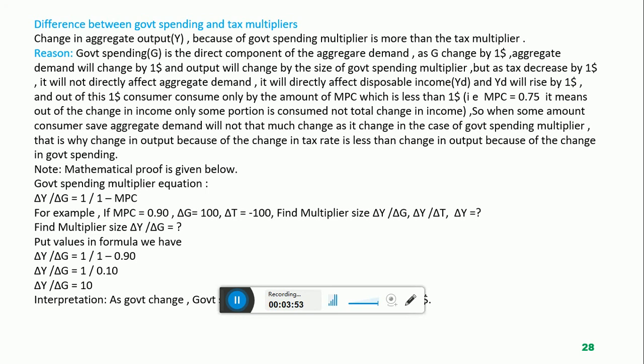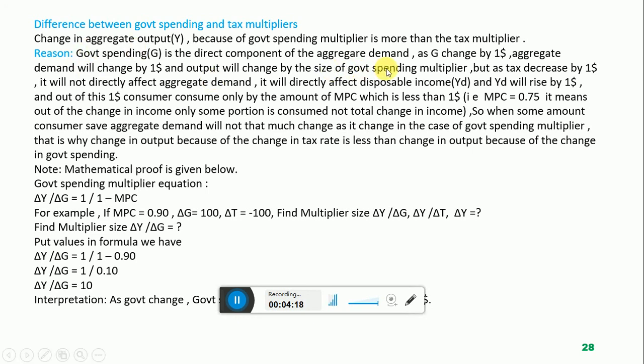So tax directly affects disposable income. And when income increases by $1, out of this $1, some portion the people of Afghanistan will consume, and some portion of the $1 the people will save. Whatever the people consume is called MPC, which is given here.